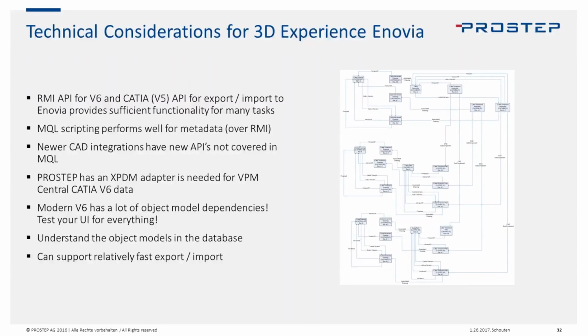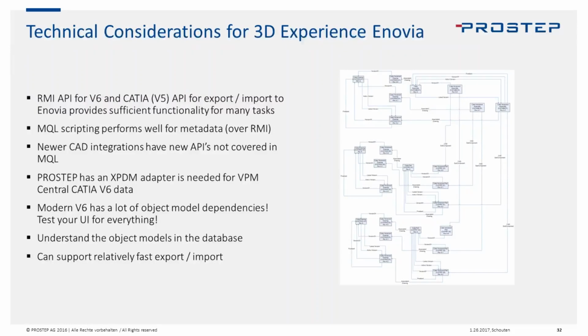Some things you want to watch out for are model dependencies. You're going to find when you try to load this data, if attributes aren't set correctly or relationships aren't intertwined with objects that you don't think are important, but the system thinks are important, your UI isn't going to function properly. That might mean building extensive version history and relationships, or dependencies on programs or other things.